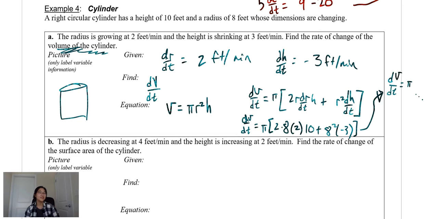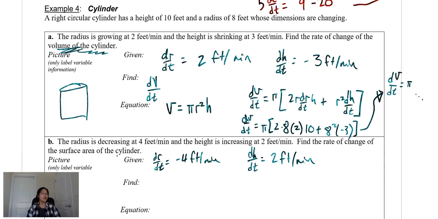Alright. It's math. Okay, so what's the radius? If the radius is decreasing at 4 feet per minute and the height, dh/dt, is positive 2 feet per minute, what's the rate of change of the surface area?